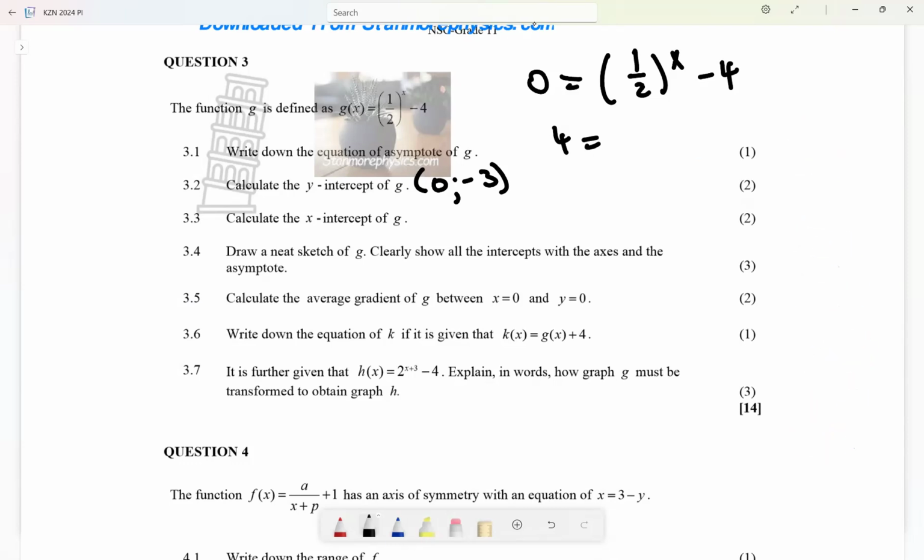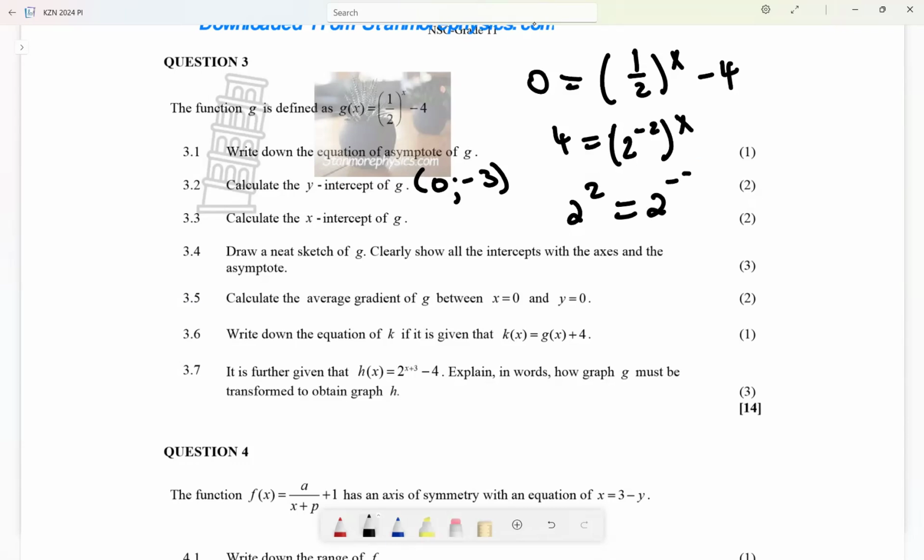Right? So I can say this is 2 to the power of negative 2 to the power of x. We haven't used the log yet. But what is 4? Remember, I say 4 is 2 to the power of 2.